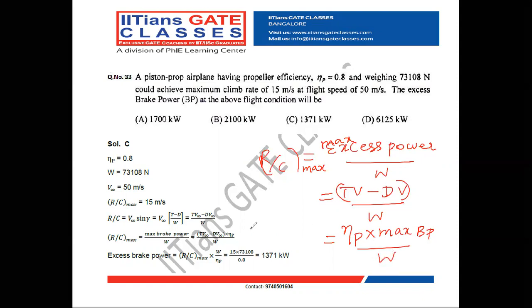So rate of climb is already given as 15 meter per second, maximum brake power we have to find out, and weight is given as 73,108 Newton. Eta P is given as 0.8. If you substitute all this in this formula, maximum brake power can be obtained as 1371 kilowatts.